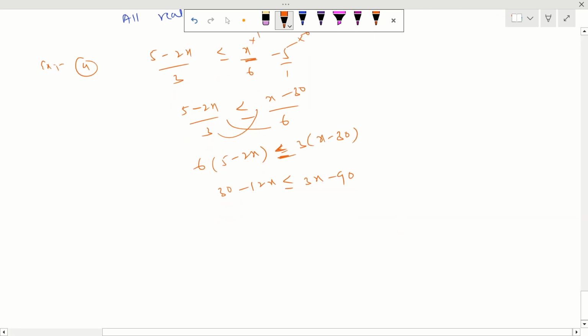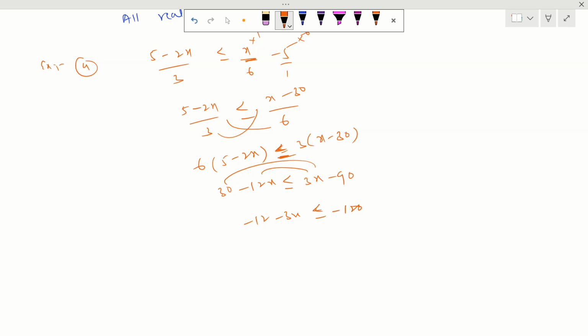When we solve this, 3x goes this side, so minus 12x minus 3x, and 30 goes this side, so it is less than or equal to minus 120.